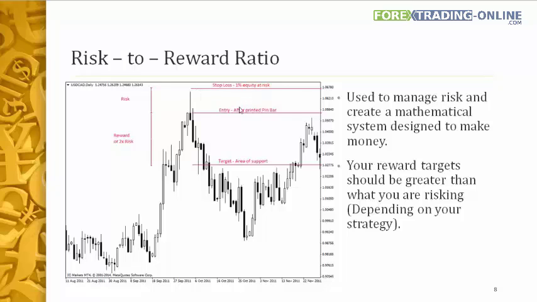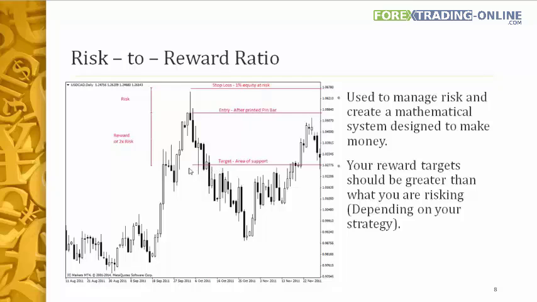So in essence, where you got in and where you place your stop loss is your risk. So you're telling the market that if you got in short here and placed a stop right over here at the high, and the trade went against you, the market will basically exit the position at a loss at this particular level, and it should be at most around 1% equity of your whole trading account.